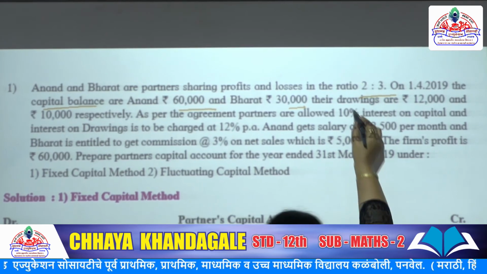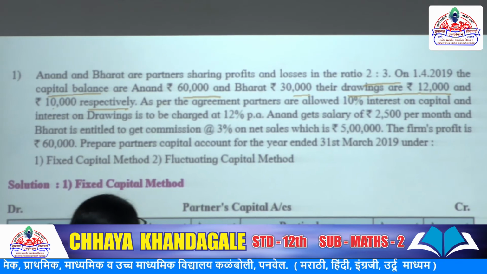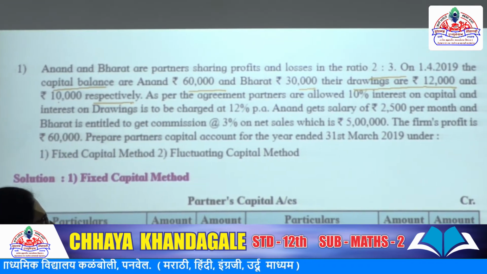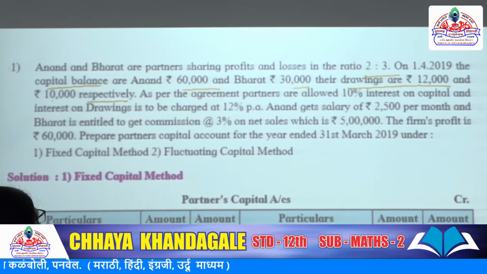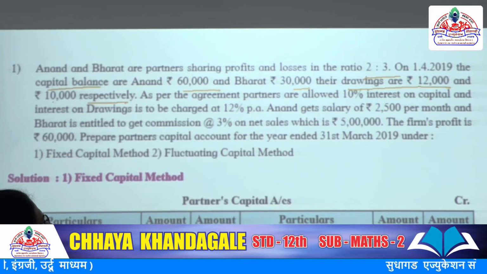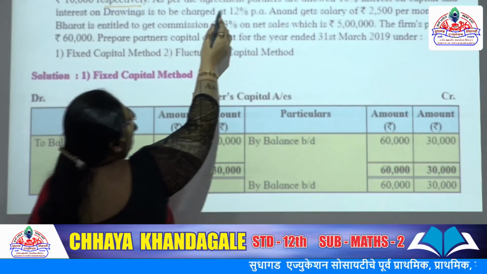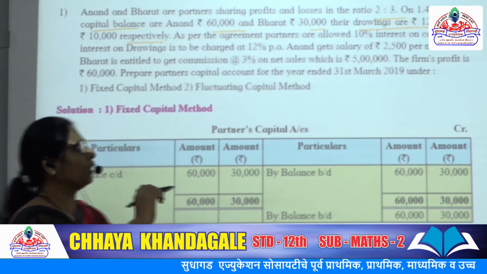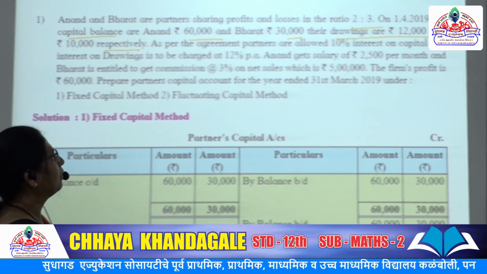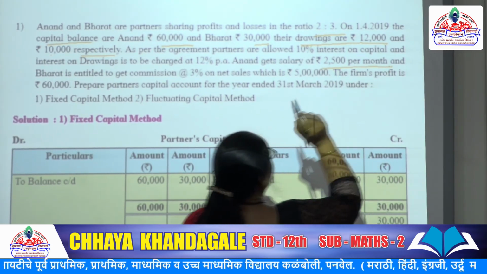Their drawings were 12,000 and 10,000 respectively. As per the agreement, partners are allowed 10% interest on capital, and interest on drawings is to be charged at 12% per annum. Then Anand gets a salary of 2,500 per month.